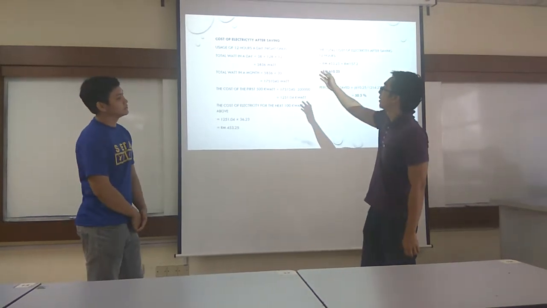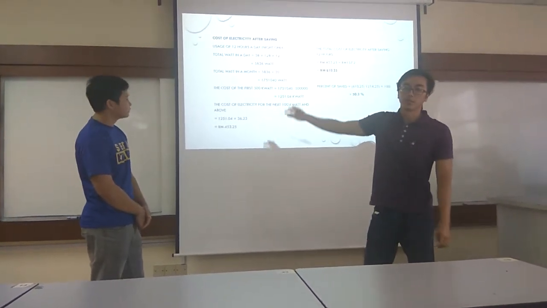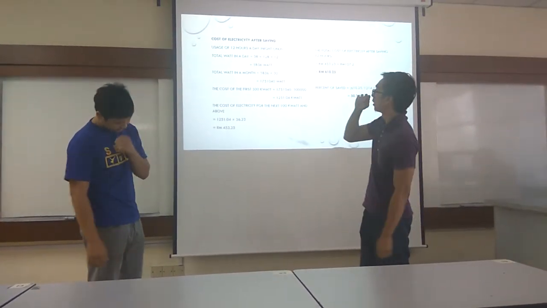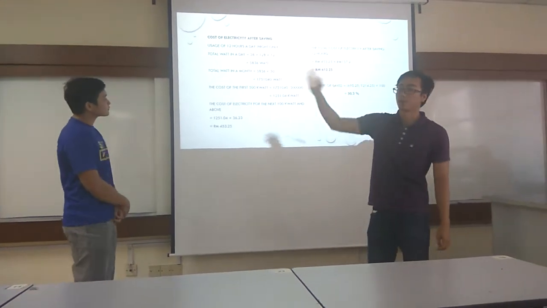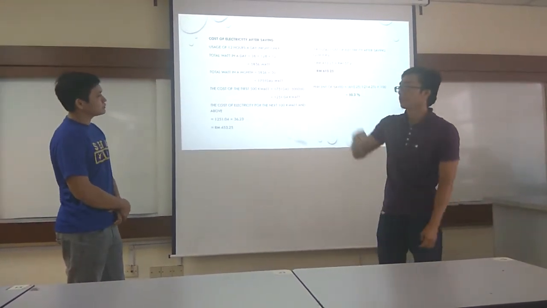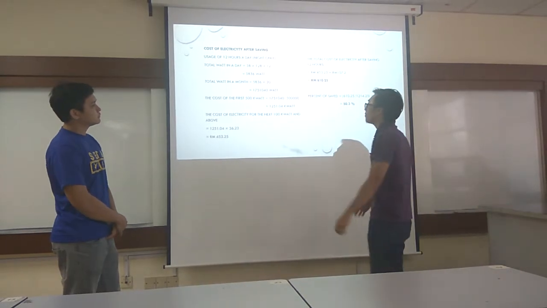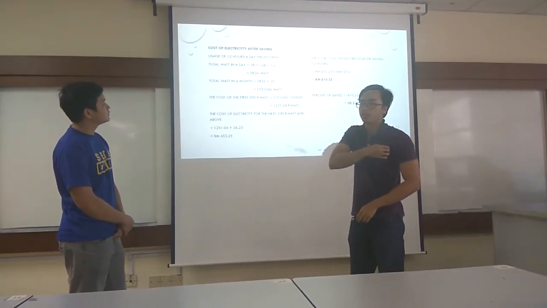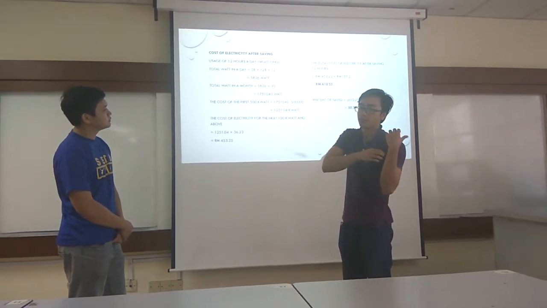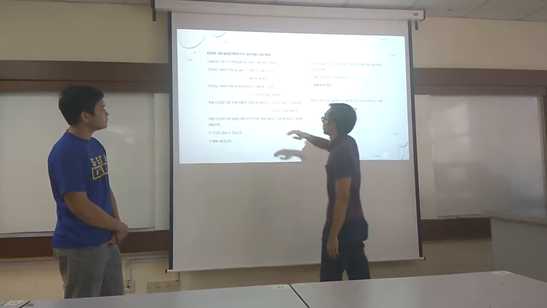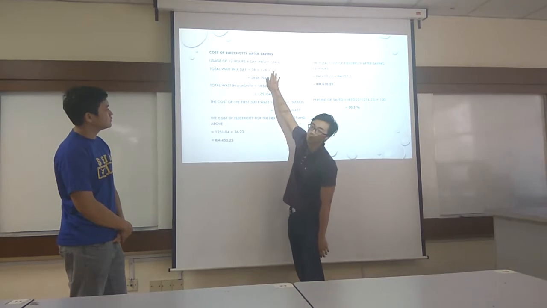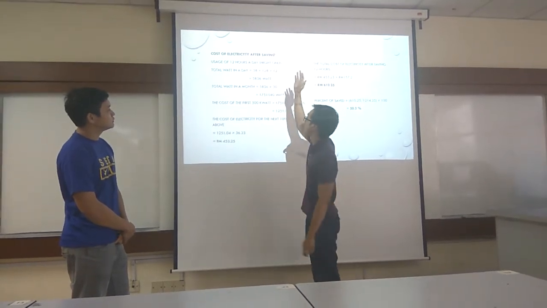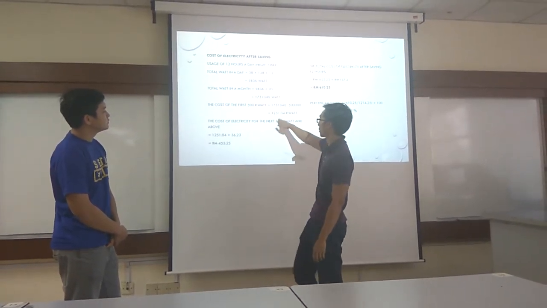Okay, this is the cost of electricity after saving. We use the lamps 12 hours a day, for night only. For the calculation, it is basically the same as the previous one, but the only difference is the hours, which is 12 hours.